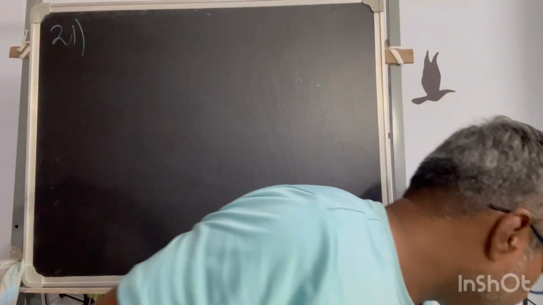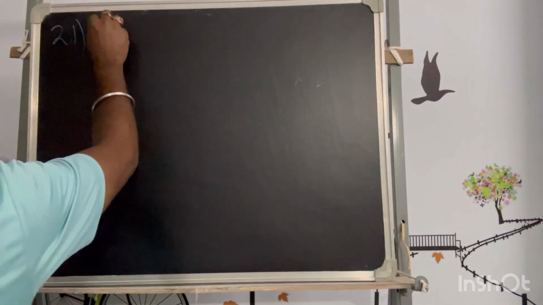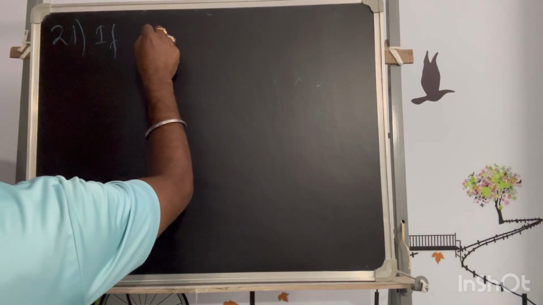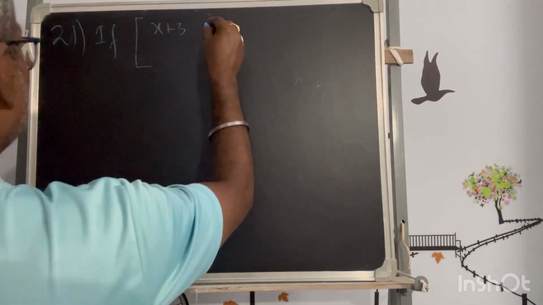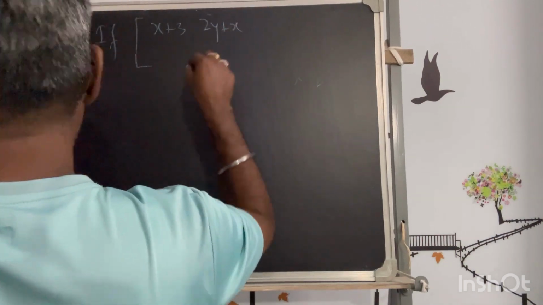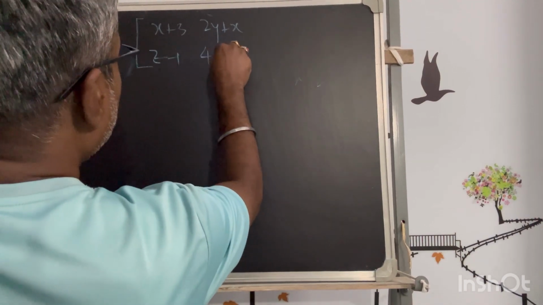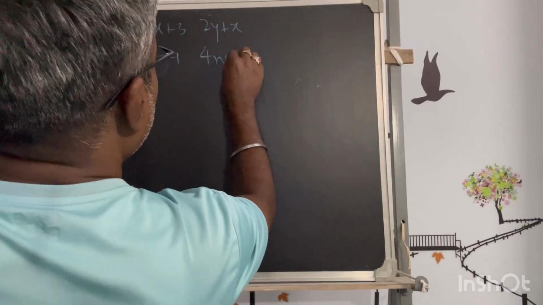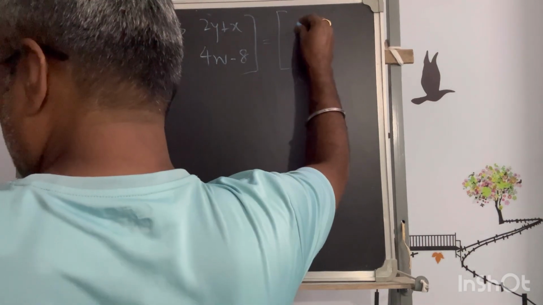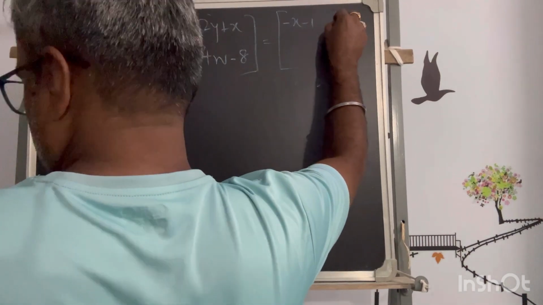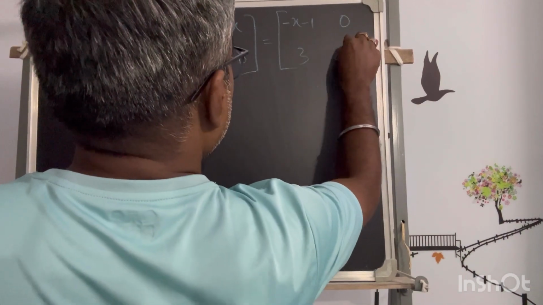Let's see if any further problem regarding this is there or not. Yes, it is said the matrix is given as x plus 3, 2y plus x, z minus 1, 4w minus 8, equal to minus x minus 1, 0, 3, 2w.